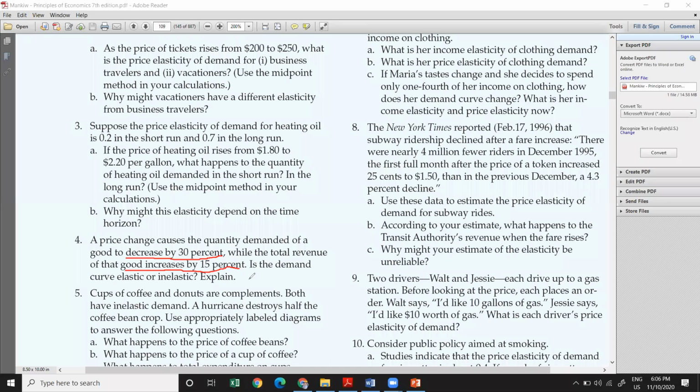Increasing the price reduces the quantity demanded, and that shows that the percentage increase in the price is greater than the percentage decline in the quantity demanded. That leads to inelasticity. So the demand curve is inelastic in this case.